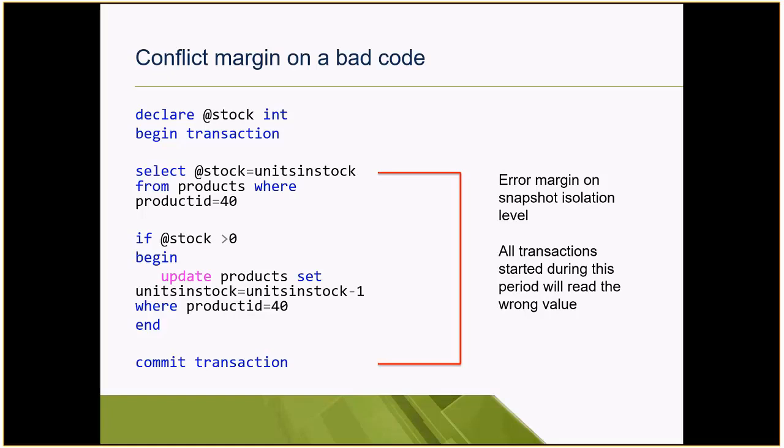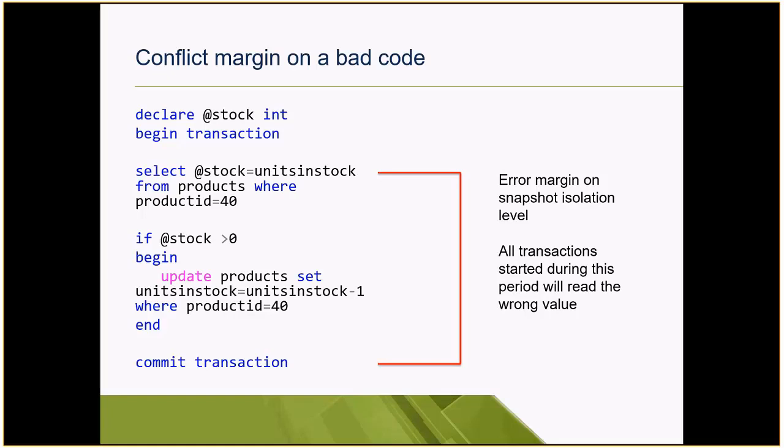And if you change from pessimistic concurrence to optimistic concurrence, then you will be increasing the time margin for the bug to appear, and you may get errors due to that. And as I said before, most people just take the risk.